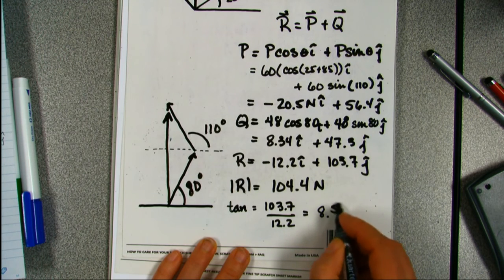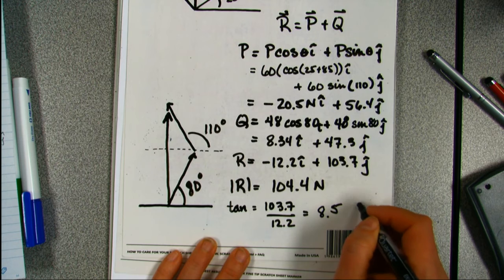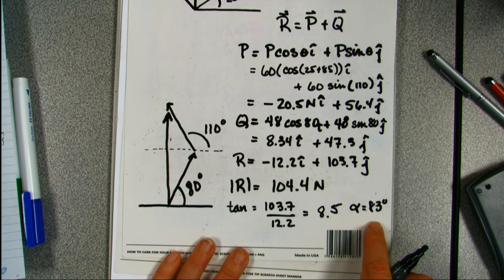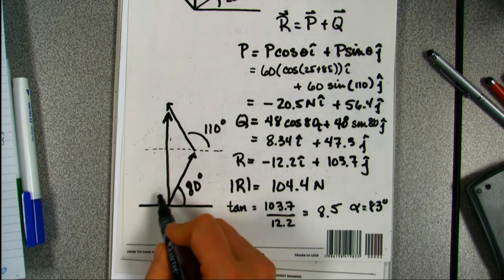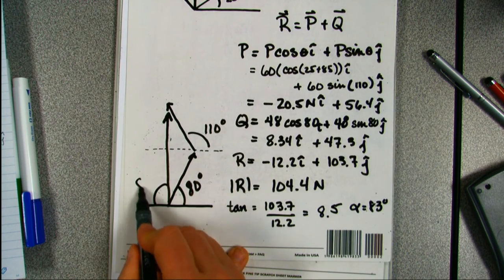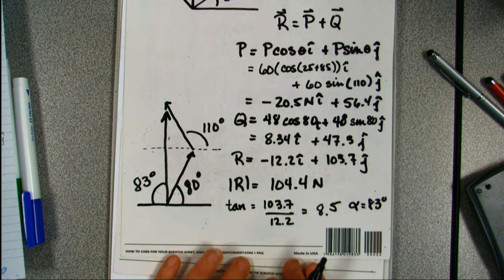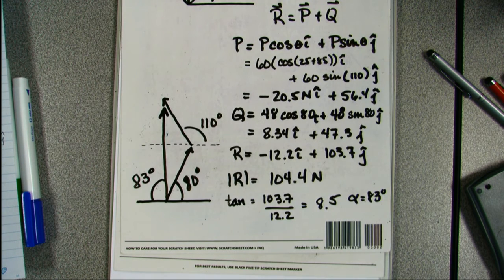Oh yeah, that gives me 8.5 when I do that. And it gives me my angle ends up being 83 degrees. And the trick is figuring out what that angle is. That happens to be this angle. So you gotta keep track of where the angle that you're calculating is, based on how you do your calculation.